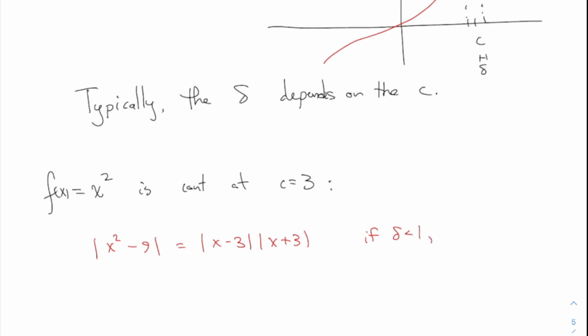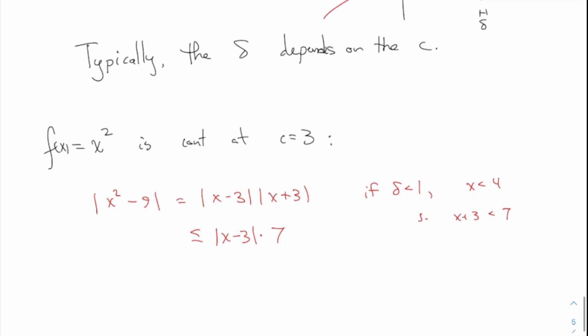If delta is less than 1, that means x is close to 3, so x is less than 4. So x plus 3 is less than 7, and so I could say this is less than or equal to this times 7.